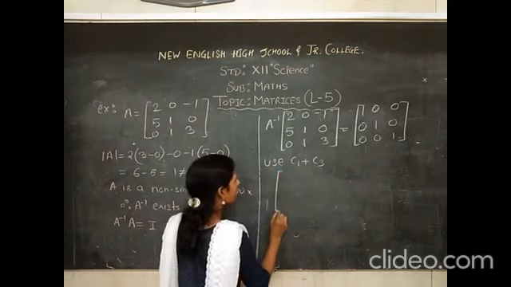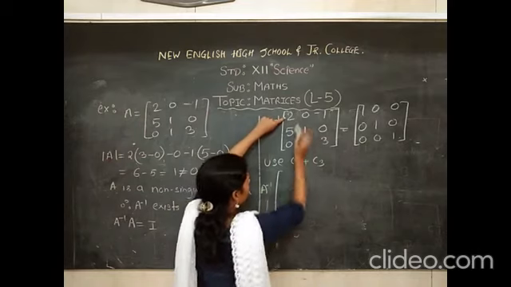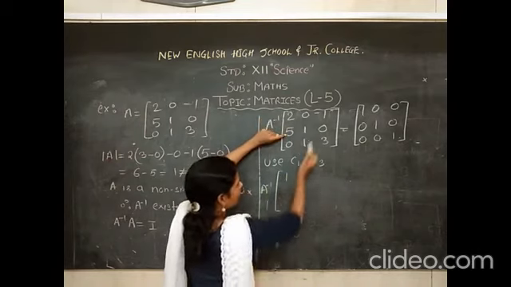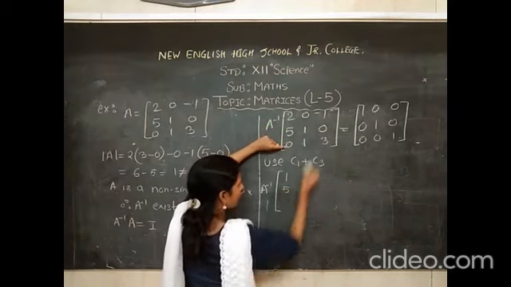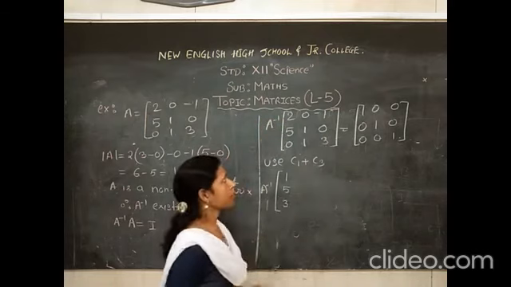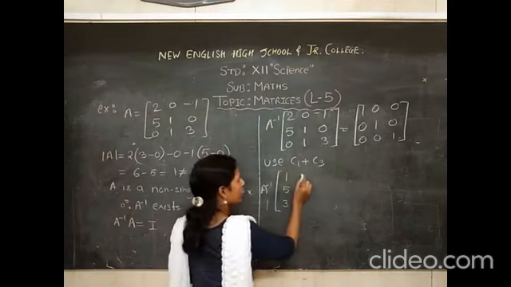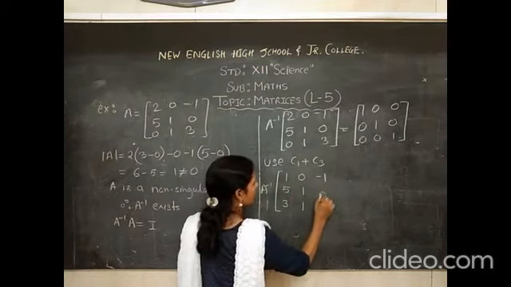It will give us A inverse into 2 plus minus 1, that is 1. 5 plus 0, that is 5. 0 plus 3, that is 3. Done. Only the change is in C1; C2 and C3 will remain as it is.